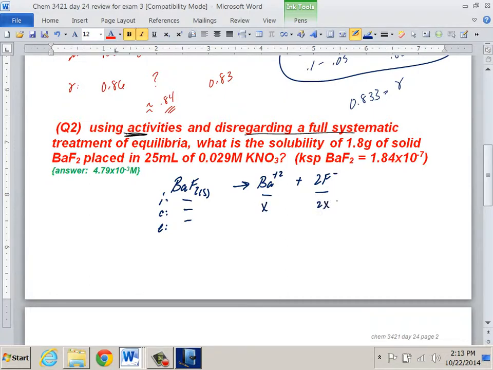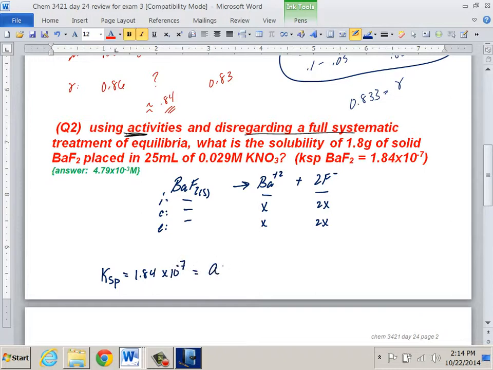X, 2X. Right? So my KSP is 1.84 times 10 to the negative 7.